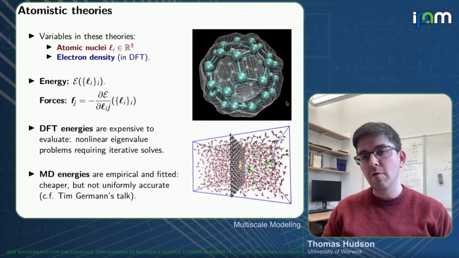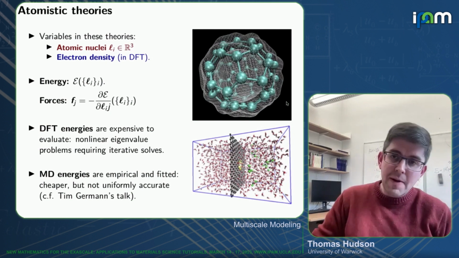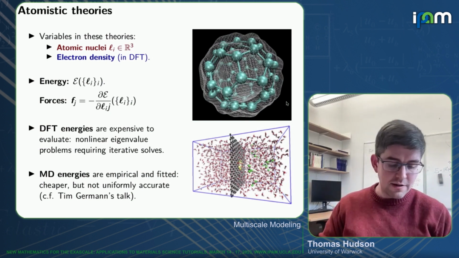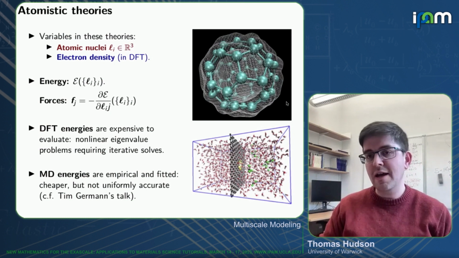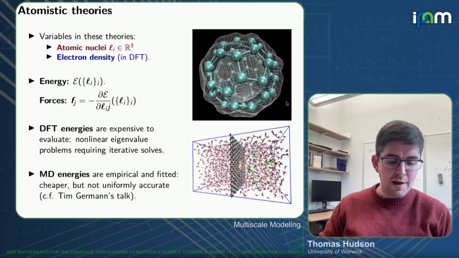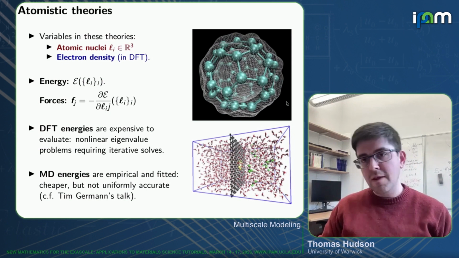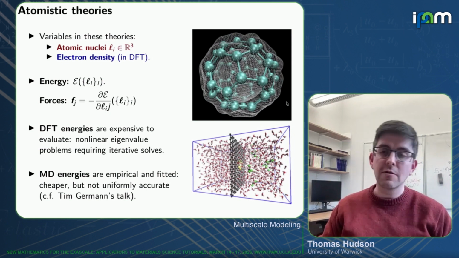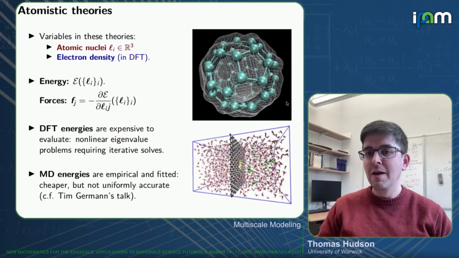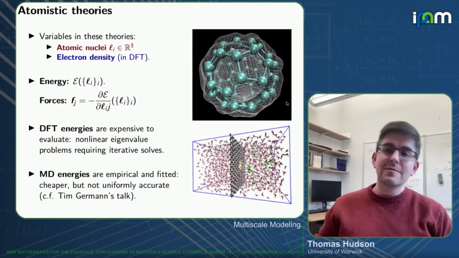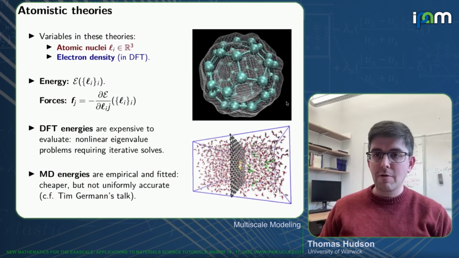Those are empirical and fitted to experimental data, to DFT data, and because they tend to traditionally have simpler functional forms, they're much cheaper to evaluate. But on the other hand, the accuracy can vary. So you try to fit some number of parameters, and you can fit those very well, but then the other ones that you would like to also predict may not be so accurate.